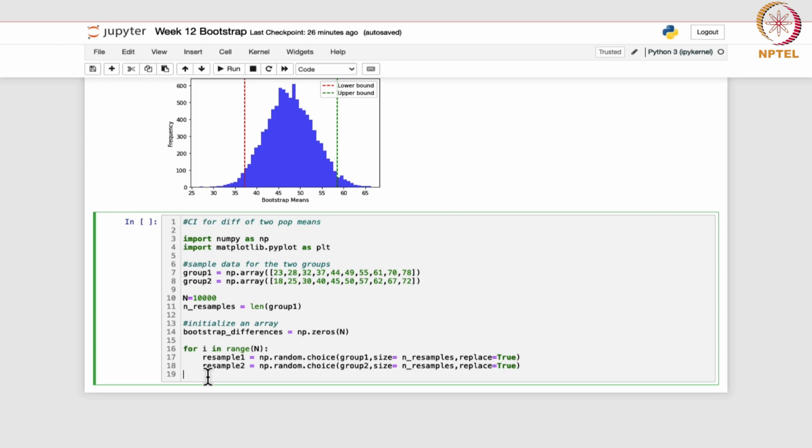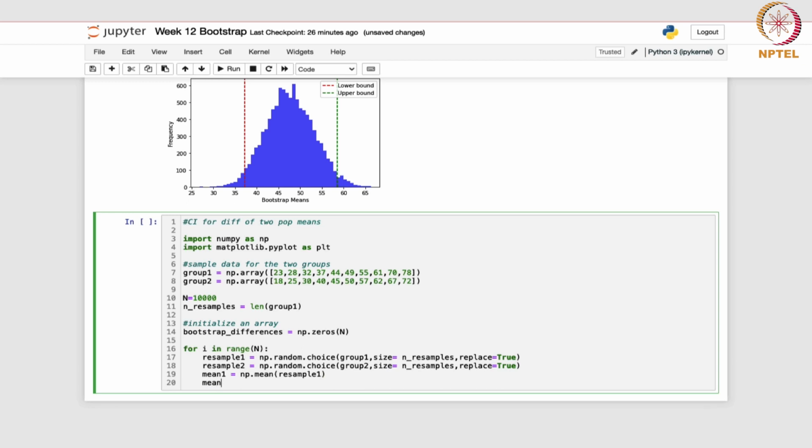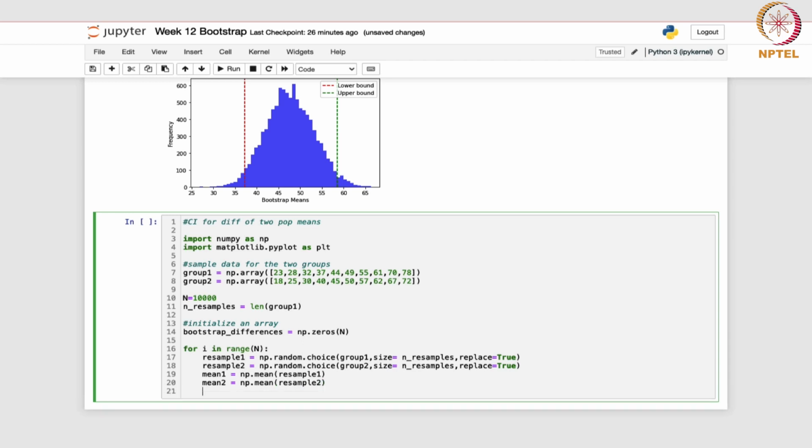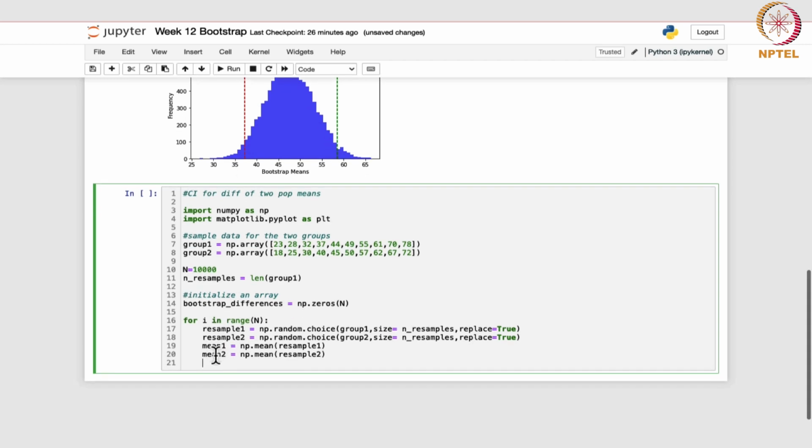Now we would also calculate the mean for each of these. So mean would be mean 1 basically. For this we will use numpy's mean function. So resample 1, and likewise you can obtain for the second one also, resample 2. Now you can find out the difference between these two means, right?